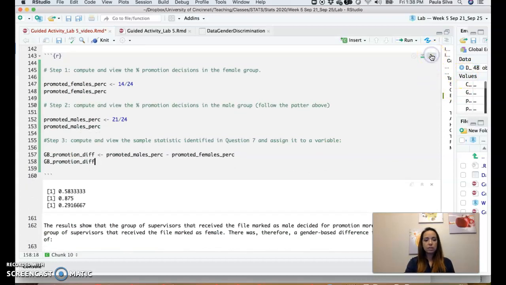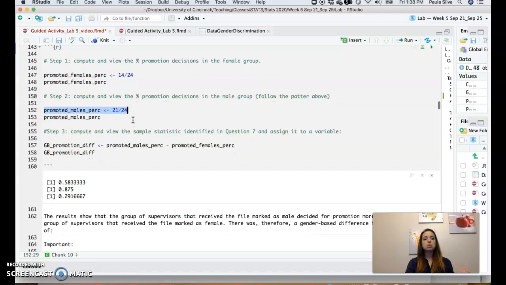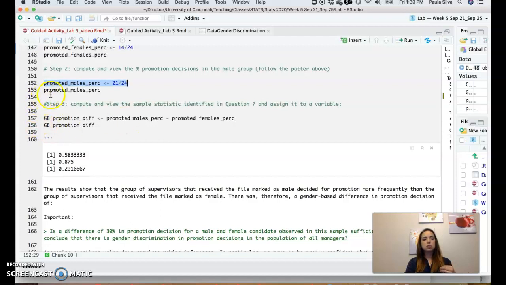So if I run all of this, the first number, as we saw in the slide, about 58% of managers decided to promote the female file. About 88% of the managers promoted male files. And step number 3 is the difference between the two, and that's around 30%, 29%. Okay? All right.